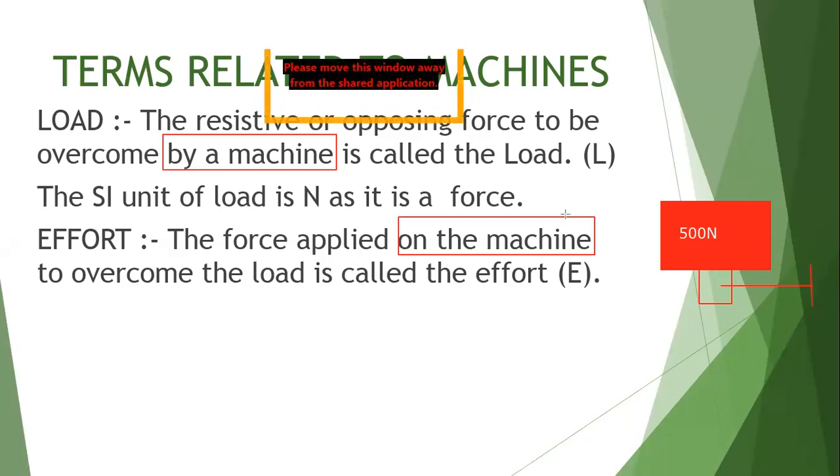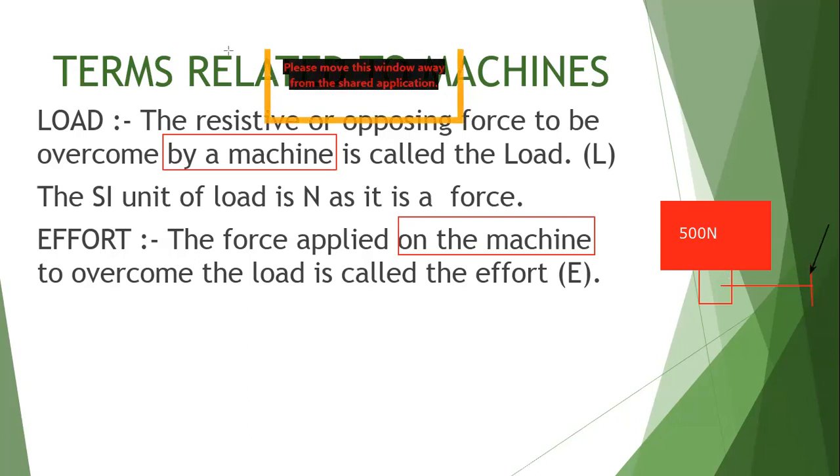Now, what will I do? I will apply the force on the jack, somewhere here, on this end of the jack. Whatever force I am applying on the jack is my effort. So this is my effort. But then what will the jack do?